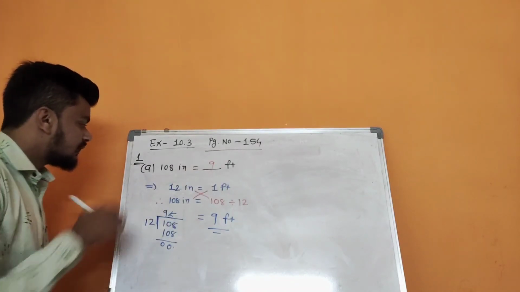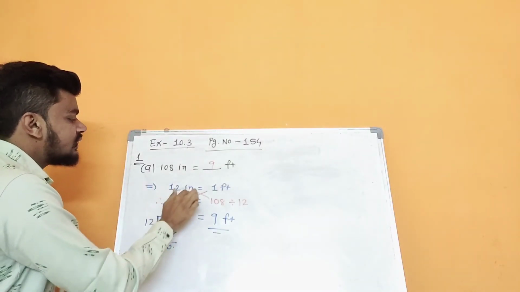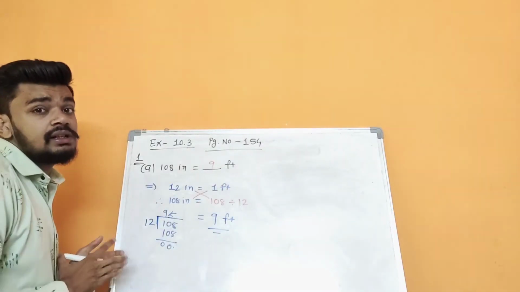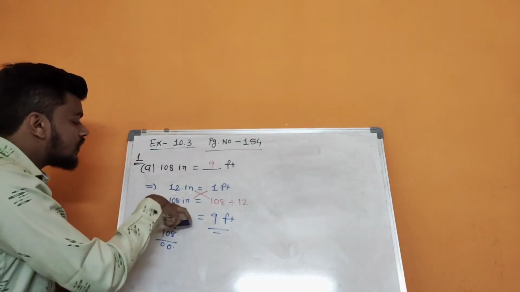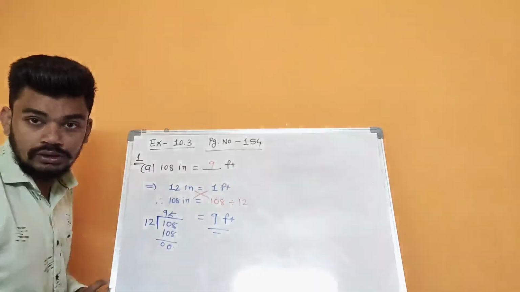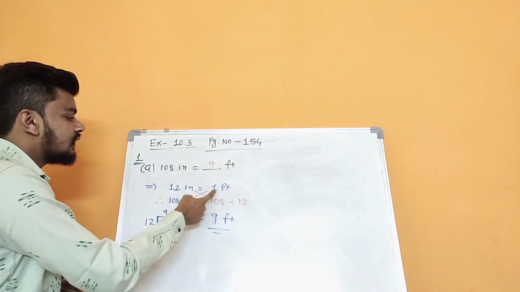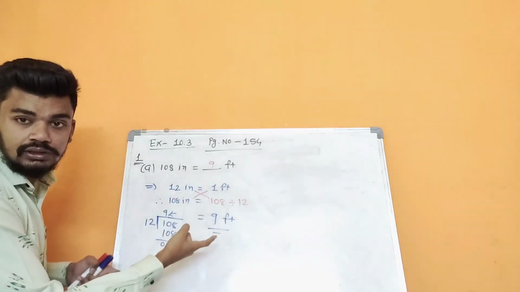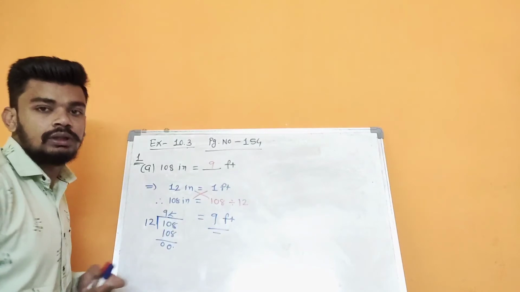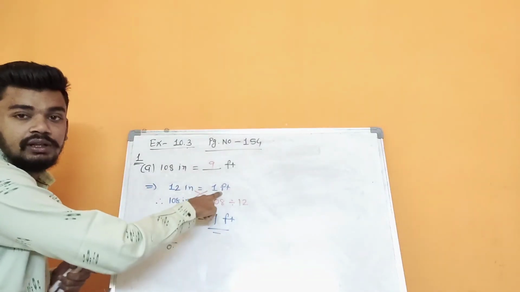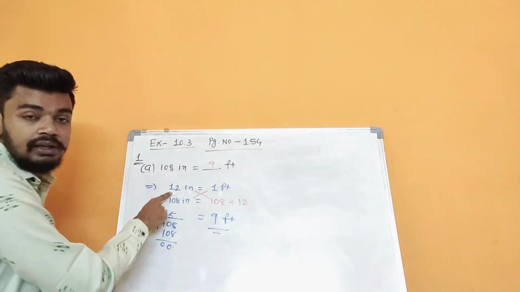See, I am repeating this question. 12 inch is equal to 1 foot, that initial conversion that we have already seen. Then 108 inch is equal to how many? Here the inch is given, so we will not write 1 foot is equal to 12 inch, because we do not need the answer in inch, we need the answer in foot. So the one we want goes here, and the unit that is given goes there, right?